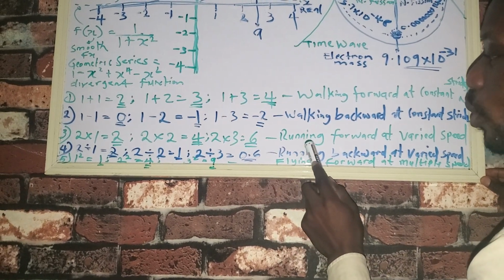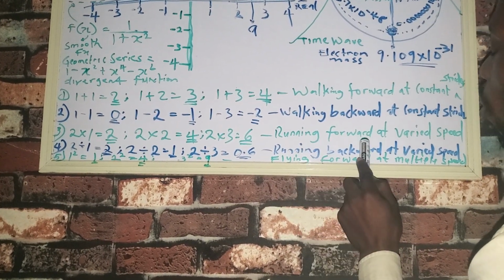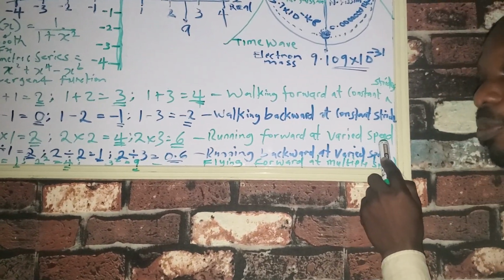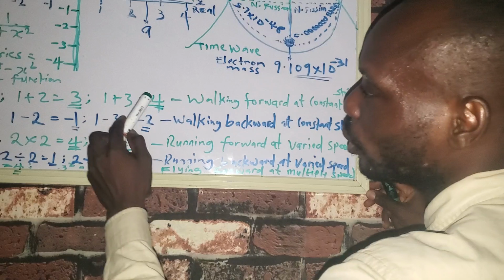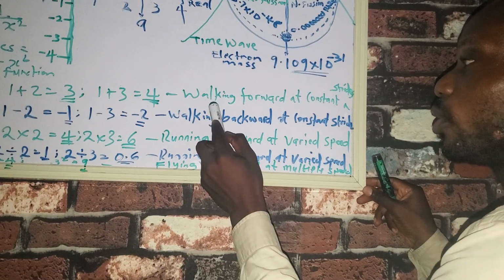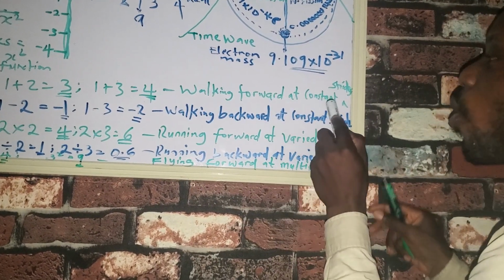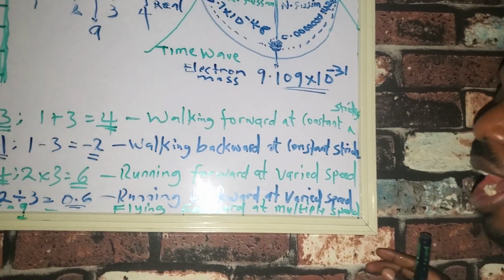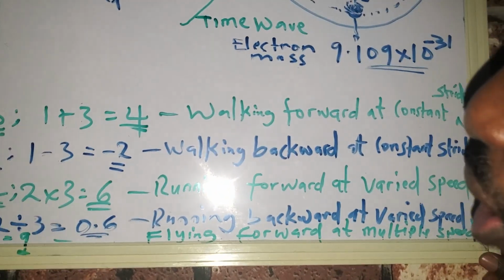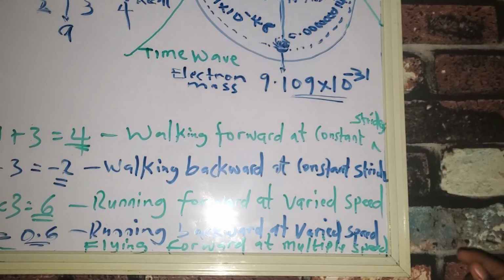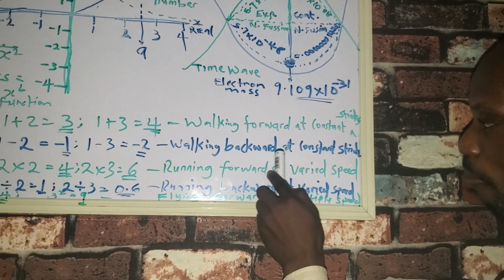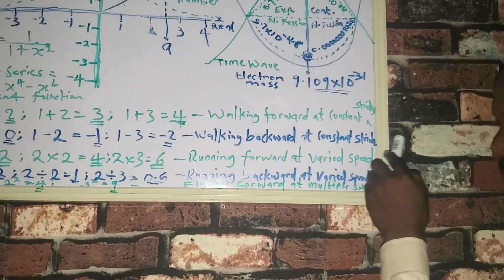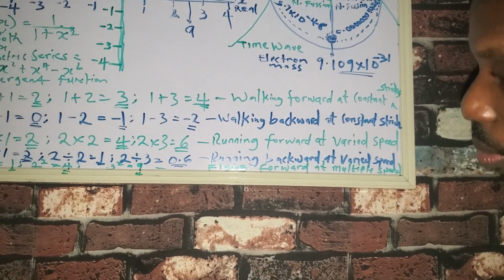We can actually call it running forward at varied speed. If we look up here, we see that the progression of our addition could be likened to walking forward at constant strides. And the operation of subtraction, we can liken that to walking backward at constant stride.